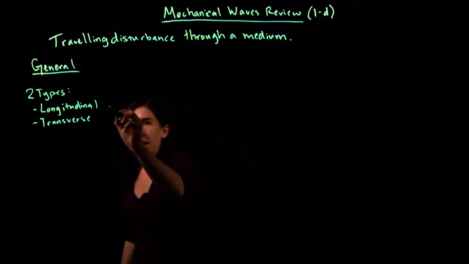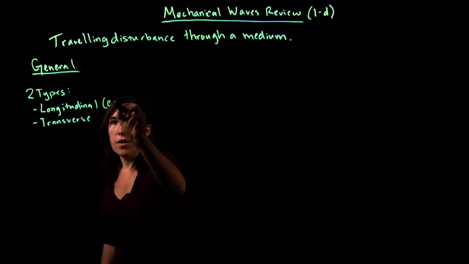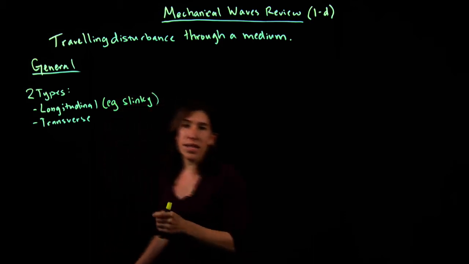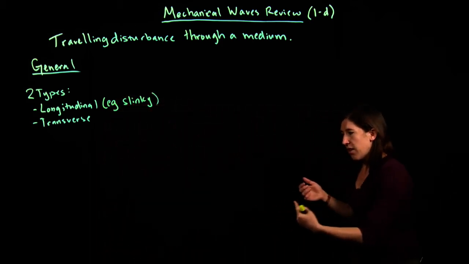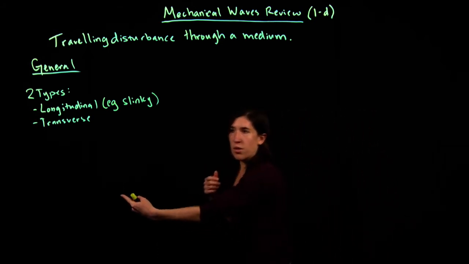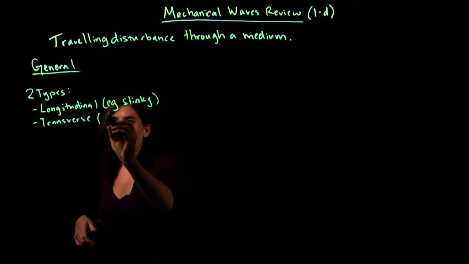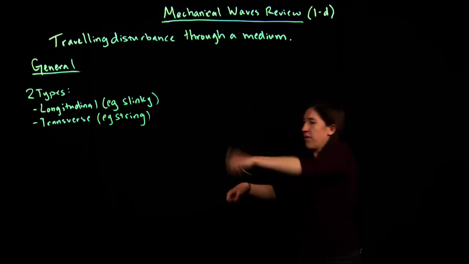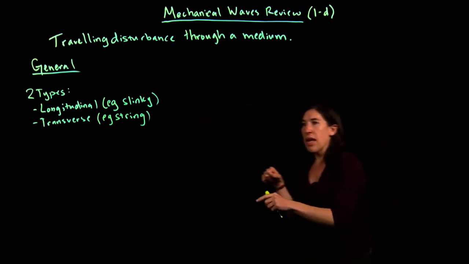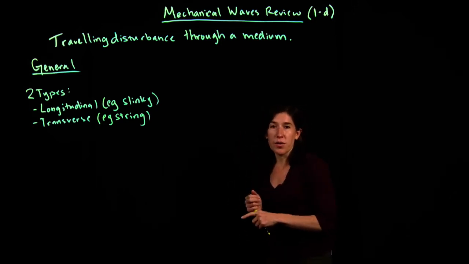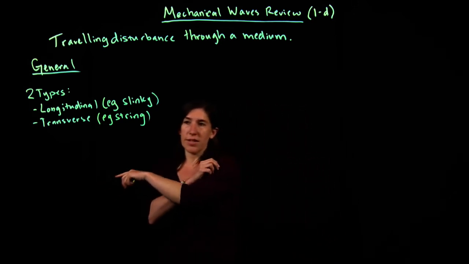Examples you could think about: a slinky. When you send a pulse down a slinky, the slinky itself vibrates along the direction the wave is traveling. Or a transverse wave, like a string. If you send a pulse down a string, the displacement is transverse, or perpendicular, to the direction in which the wave is moving.